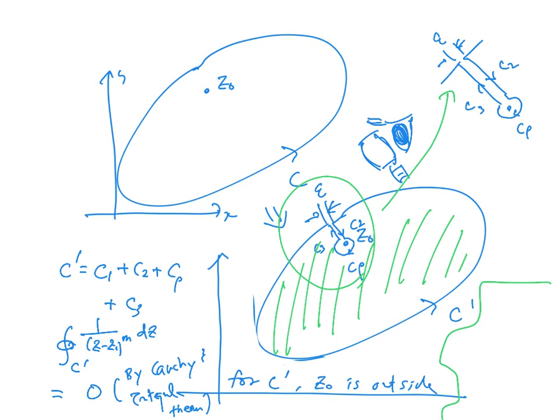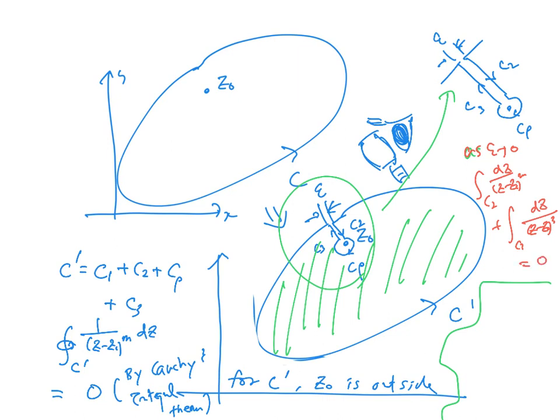C2 and C3 are opposite, so we can see that as epsilon goes to 0, this is C2, C3, is 0, right?